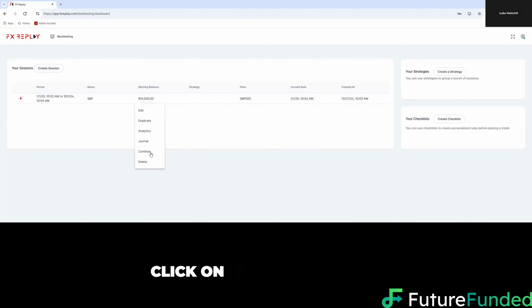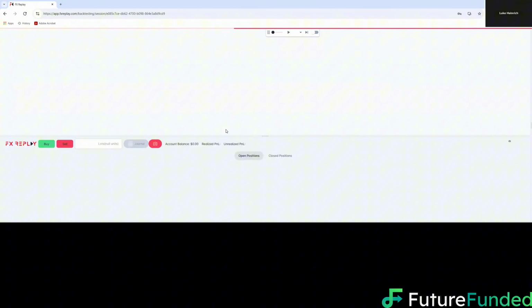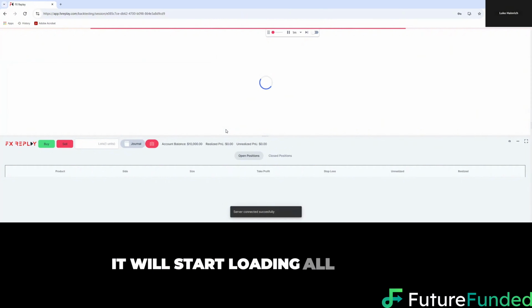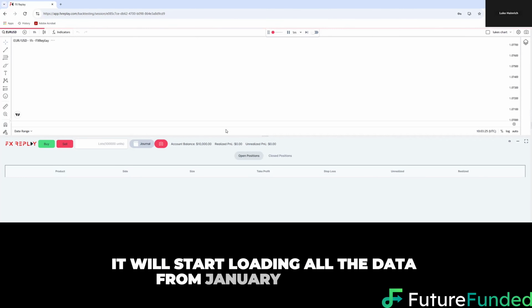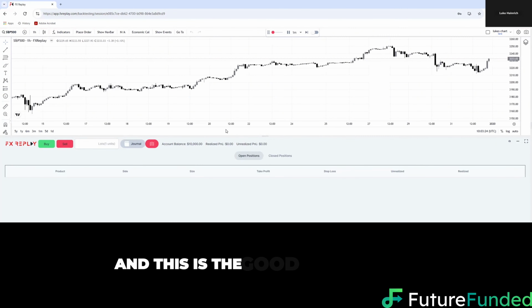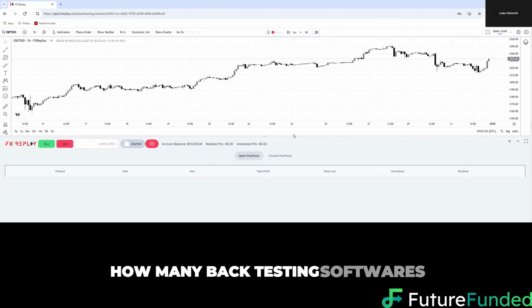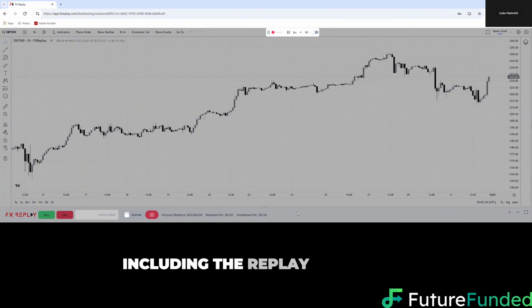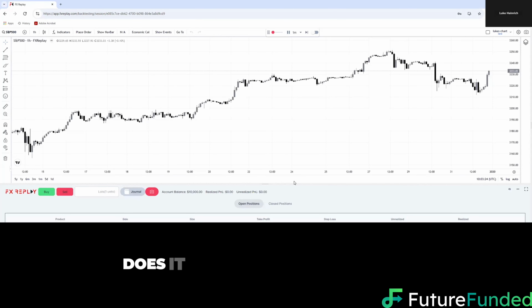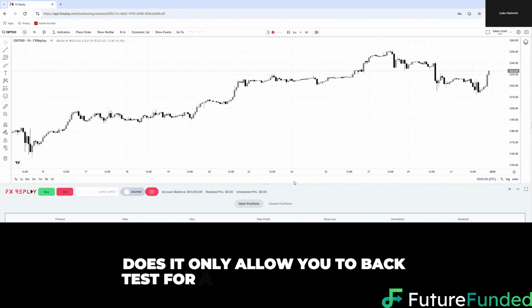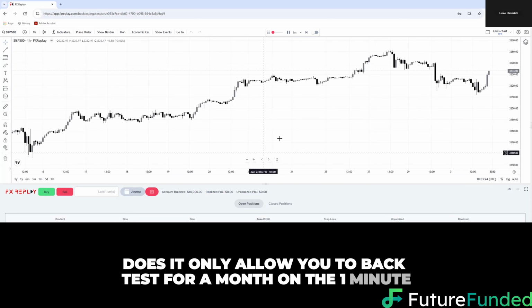Now click on it, press continue, and immediately it will start loading all the data from January 1st, 2020. And this is the good bit, including the 1 minute time frame. How many backtesting softwares, including the replay button on TradingView, only allow you to backtest for a month on the 1 minute?